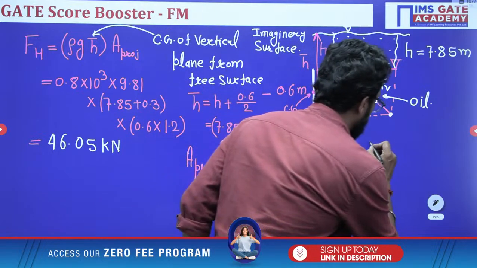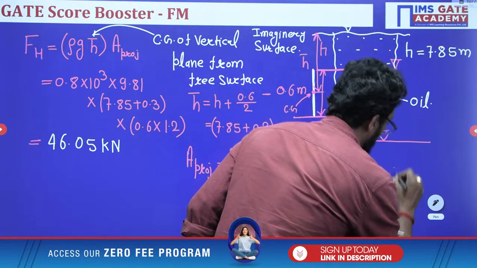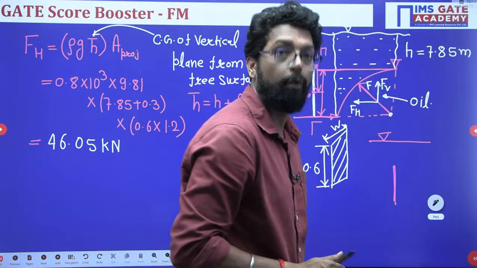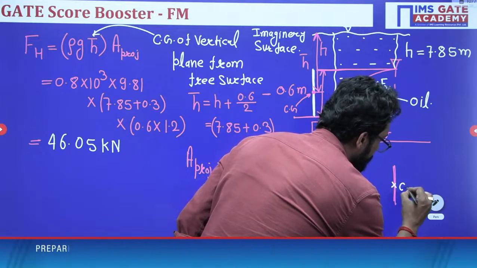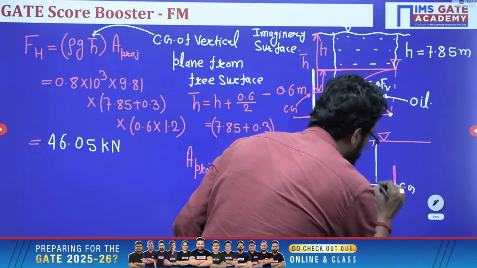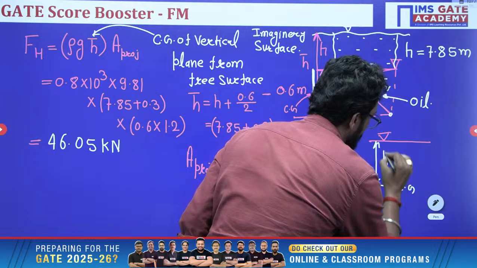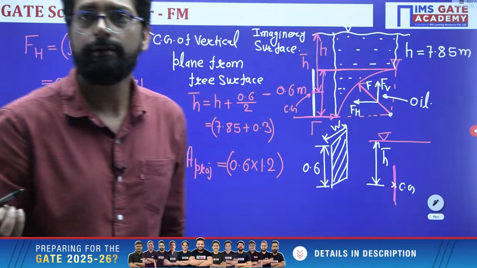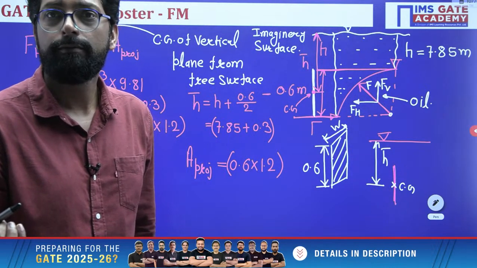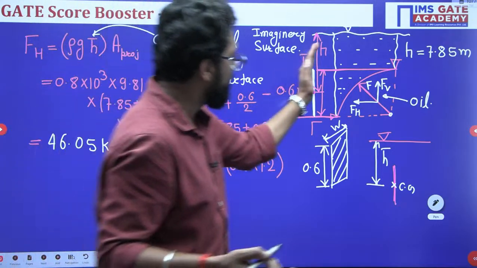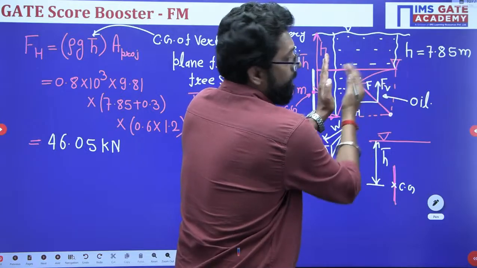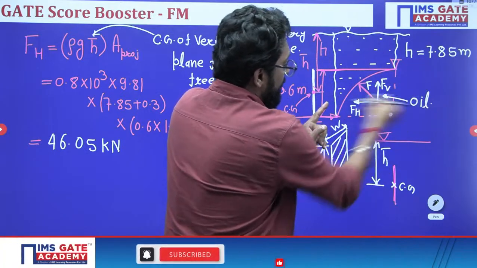Let's suppose this is a free surface and this is a plane. What is H bar? H bar is the CG from the free surface. That's it. There is no problem. And on this side there is a fluid, so it will create a horizontal force.